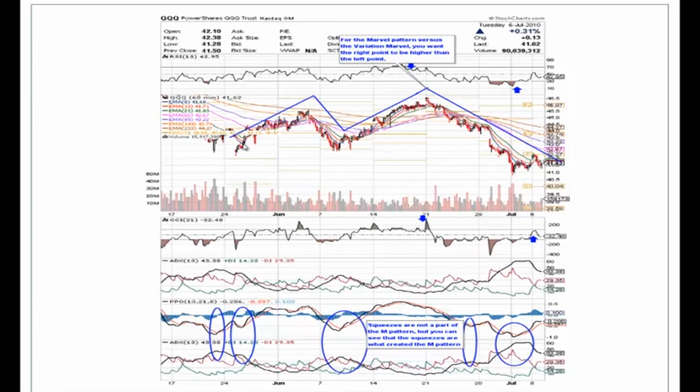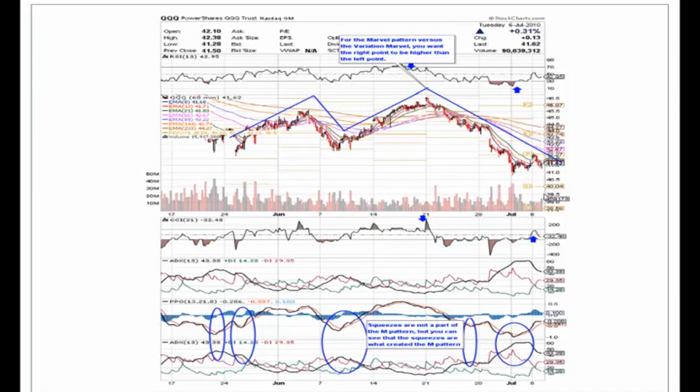So there's a way to figure an estimate of a profit target with the M patterns, just as there was in the W patterns, that you would measure from the lowest, or in this case the highest point, down to the middle, and whatever that dollar amount is between 46.50 and 43, $3.50, you would add that to the 43 and come up with 46, or I'm sorry, subtract it from that and end up with 39.50 would be the profit target for this pattern.